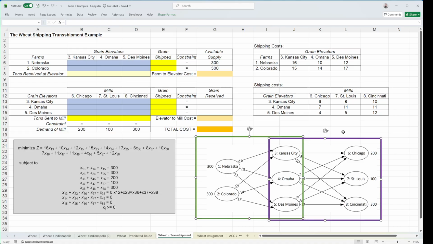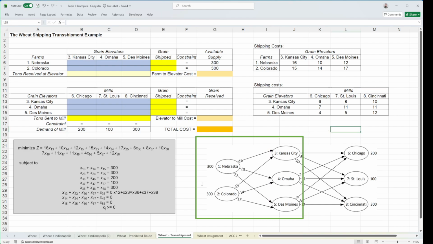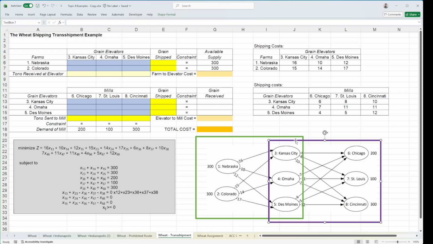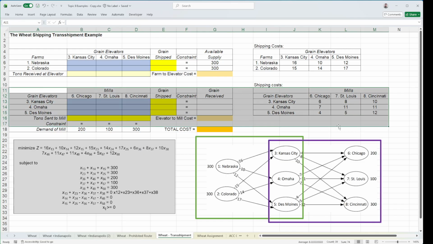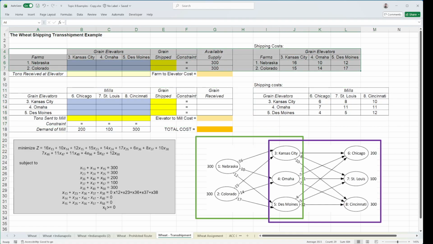We will solve the left part, which is in the green box, using the 2 tables at the top, and then we'll solve the right half of the network in the purple box using the 2 tables at the bottom. So essentially we're converting this transshipment problem into 2 subproblems, and these 2 subproblems are actually transportation problems.